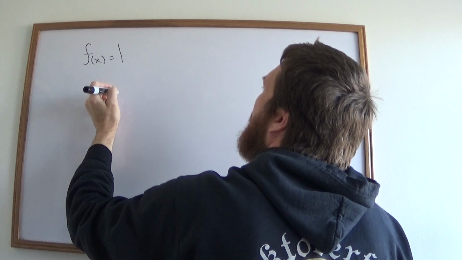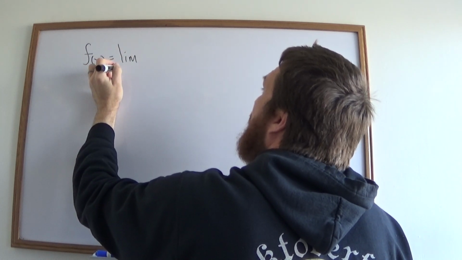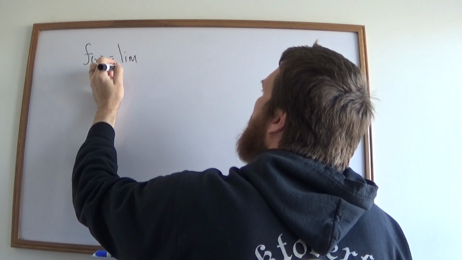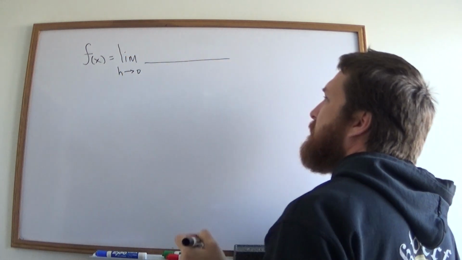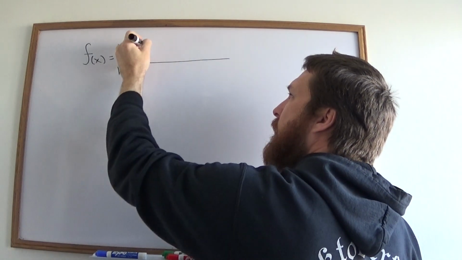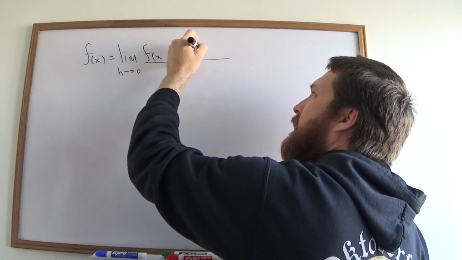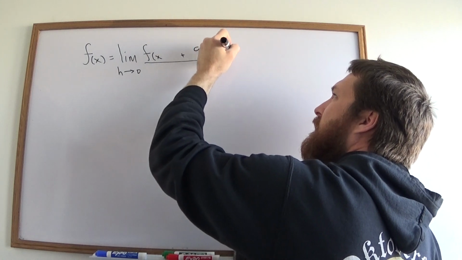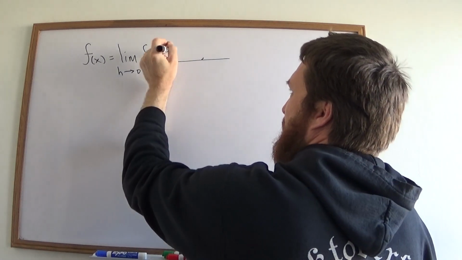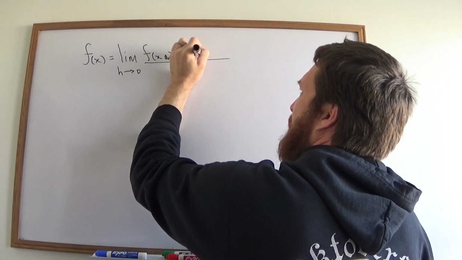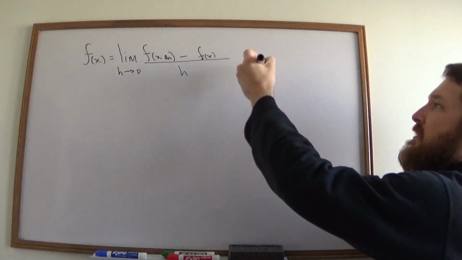It starts with the L. The limit as h goes to 0 of f of x plus h minus f of x, over h. That's how we've set it up, right?